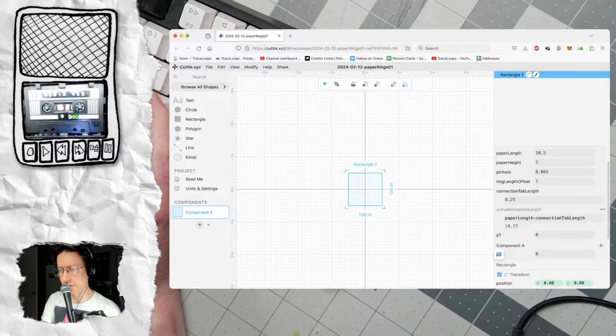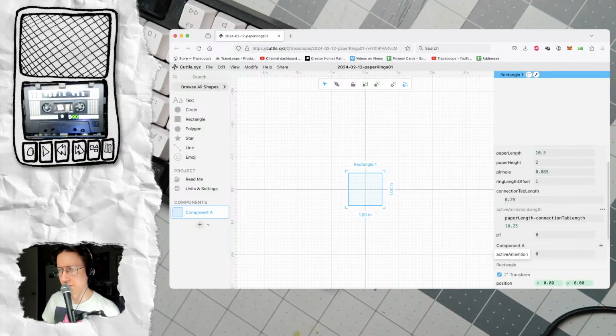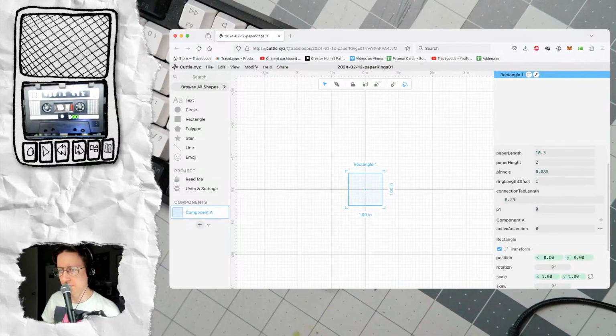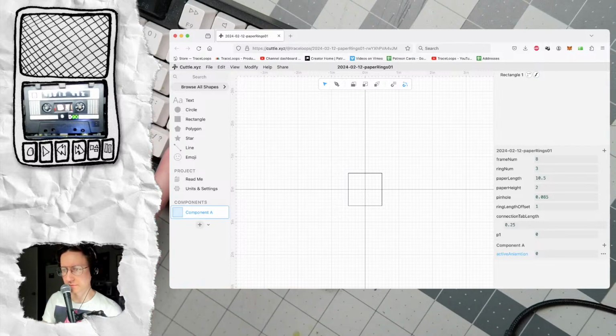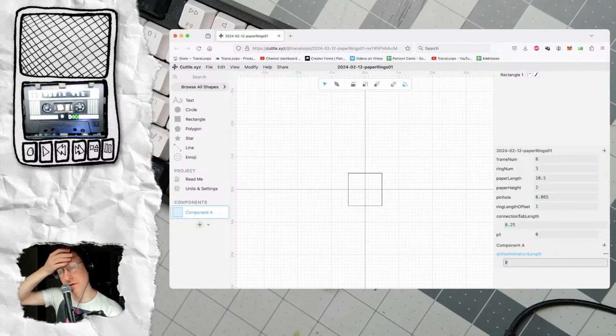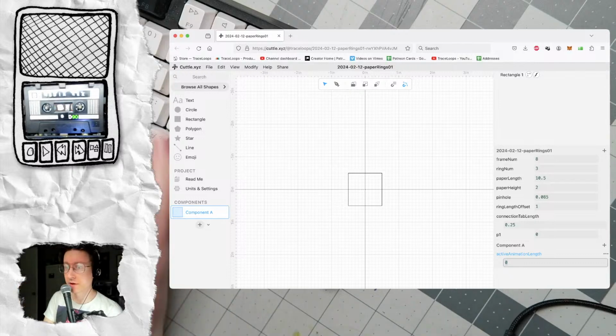So I'm going to make this active animation. Let's get rid of this parameter. Active animation length will be, okay, I'm also realizing that I don't need to include these tabs on every iteration, the animation tabs.